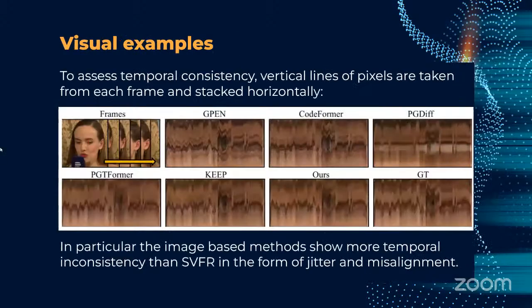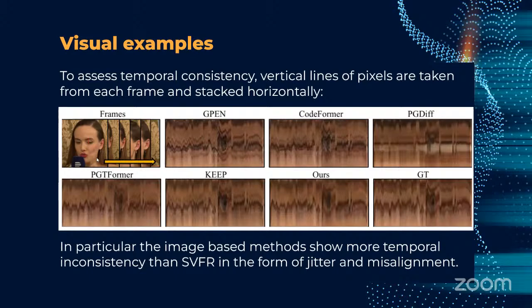Then the article also provides some visual examples for how these models are evaluated. And here I would like to show one specific example, which I think is quite interesting, namely what we see here. This is an evaluation of the temporal consistency of the restored models.